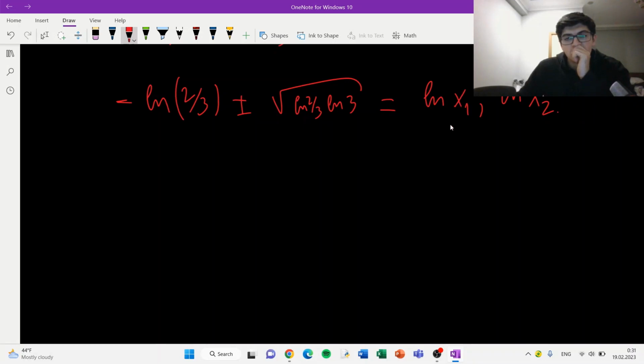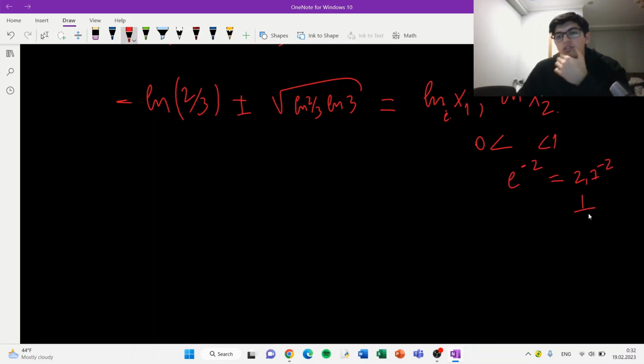If the term on the left hand side is minus, the base here is e. This should be between 0 and 1, because e to the power of minus something, for example minus 2, where e is around 2.7, will be less than 1 and more than 0, because it's 1 divided by 2.7 squared.